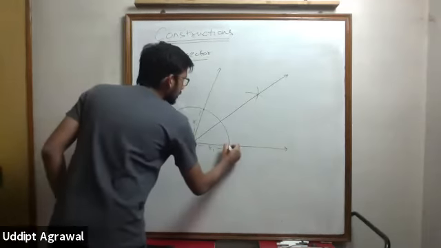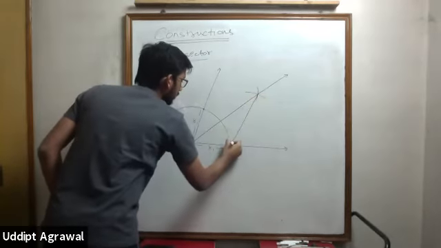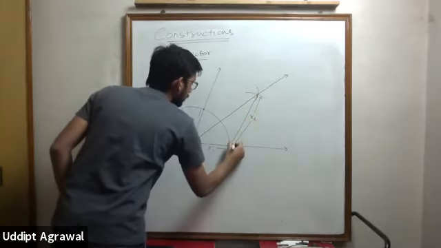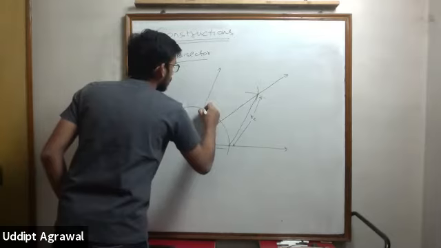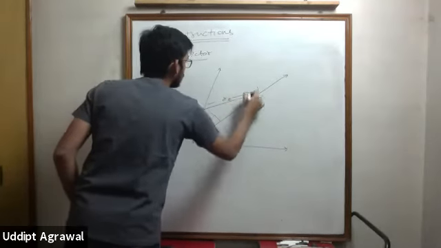So this to this distance is say R2, and this point to this point, this distance is say again R2.